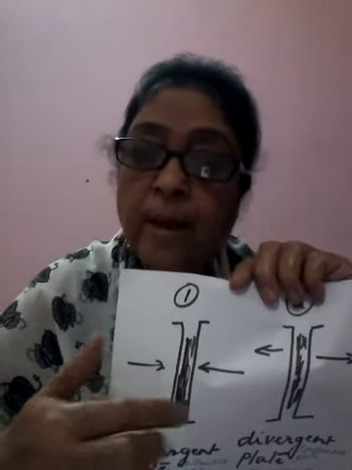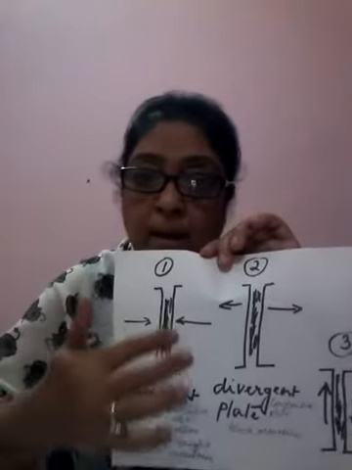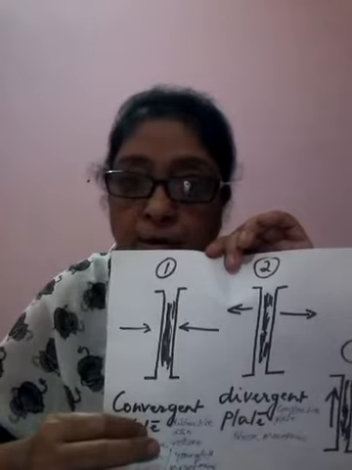This movement is known as convergent plate or destructive plate also. You can write this down. When this movement occurs, that means 2 plates fractured, in between the gap is filled with something, and this movement is called convergent plate or destructive plate.